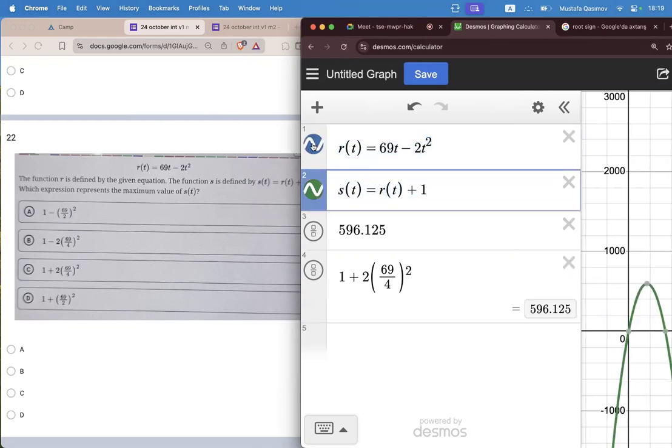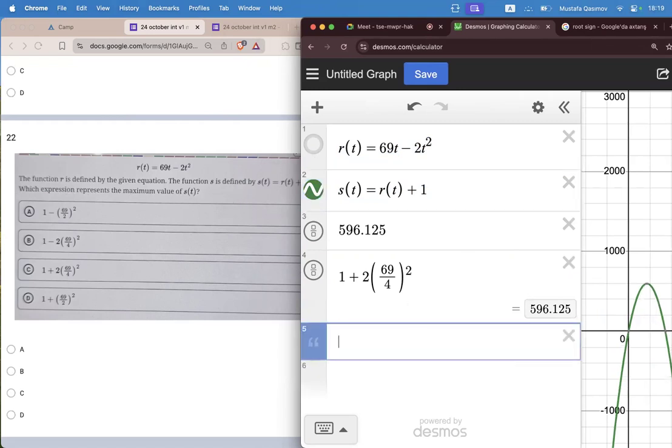Then you have to close the first equation, then you have to look at the second one. Then it says what's the maximum value of ST. When you say what's the maximum value of ST, it is the y vertex.